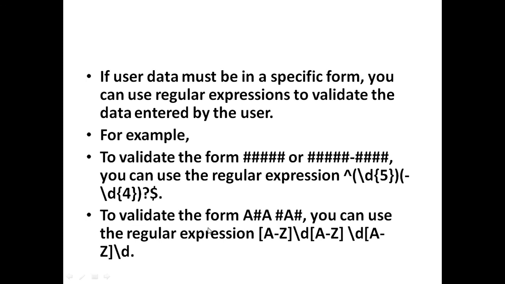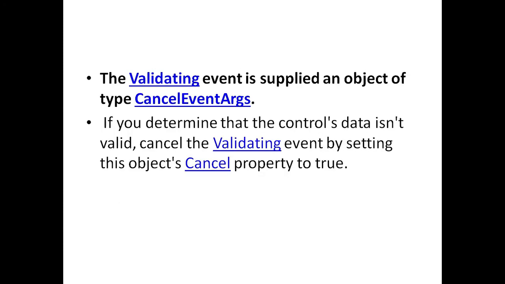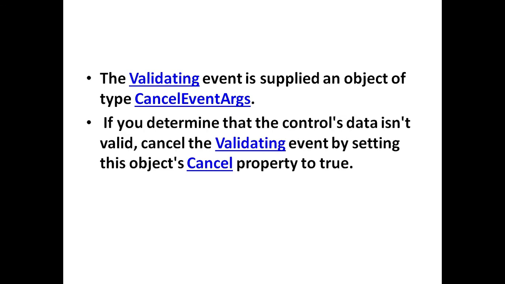And to validate the form with alphabets, you can use the regular expression like this. The Validating event is supplied an object of the type CancelEventArgs. If you determine that the control's data isn't valid, cancel the Validating event by setting the object's Cancel property to true.